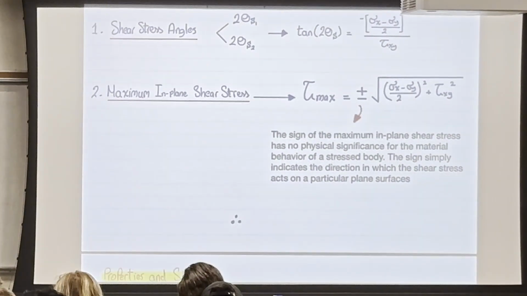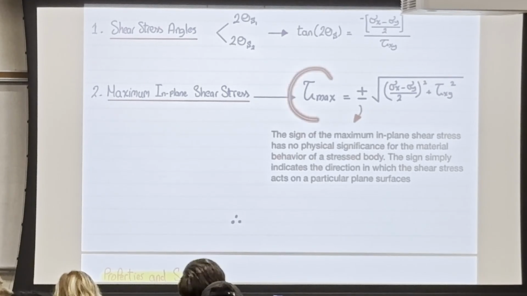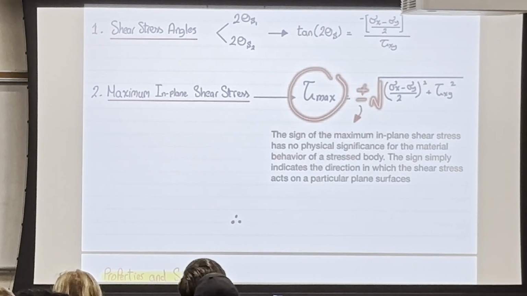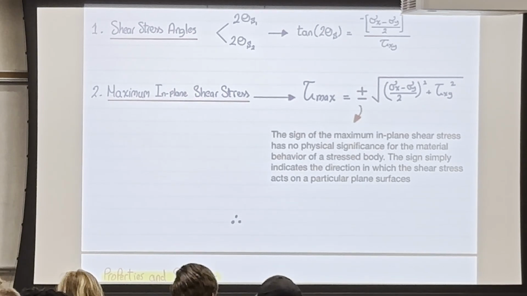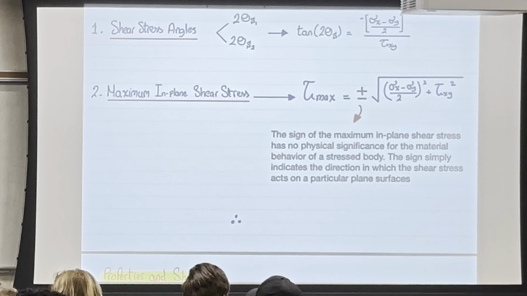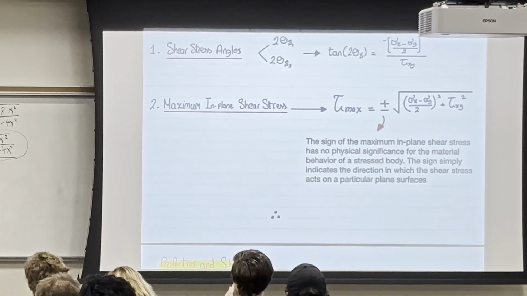Okay, what we found is that the tau max was equal to positive or negative this term. But positive or negative has no physical meaning, unlike normal stresses. If I have positive normal stress, that means I have tensile stress. If I have negative normal stress, that means I have compression stress. But for shear, it is just direction.